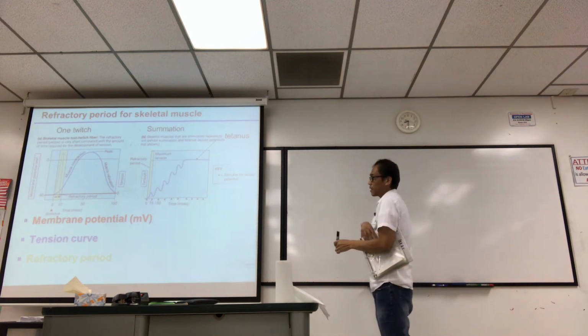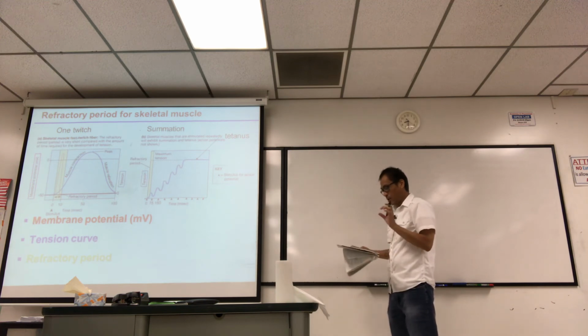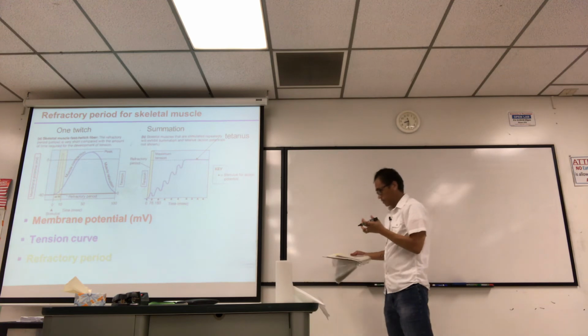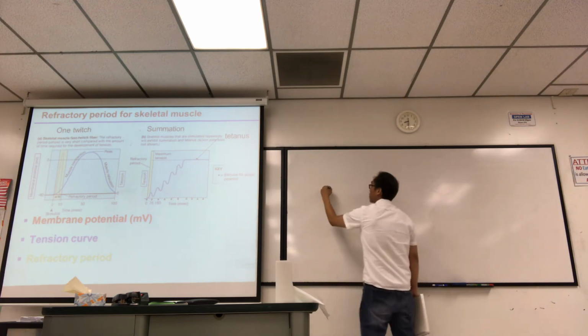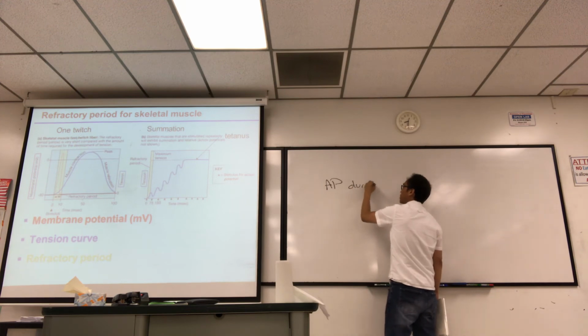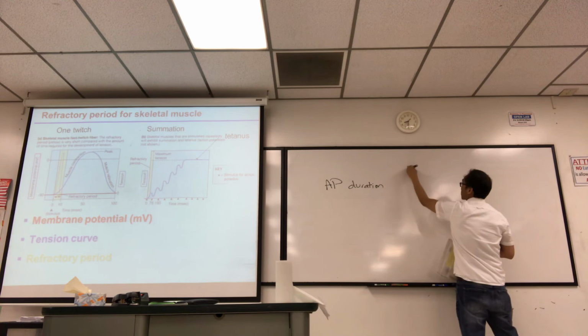For these two data slides, I guess to make it clear, if it's not clear where I'm going yet, write down how long the action potential takes. Action potential duration. Call it AP duration. Okay, for skeletal muscle, we did that first.